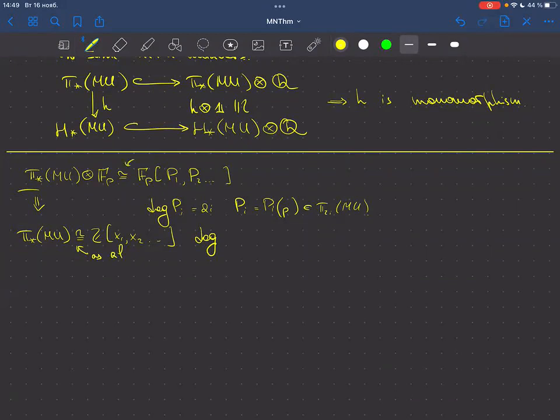And of course this is an isomorphism as algebras, as Fp algebras.